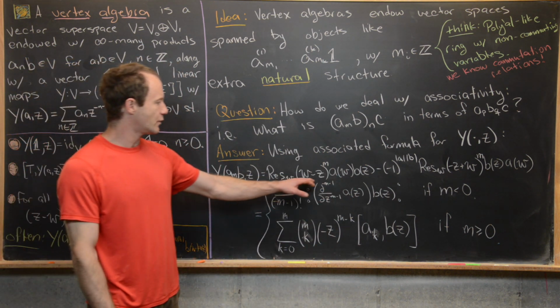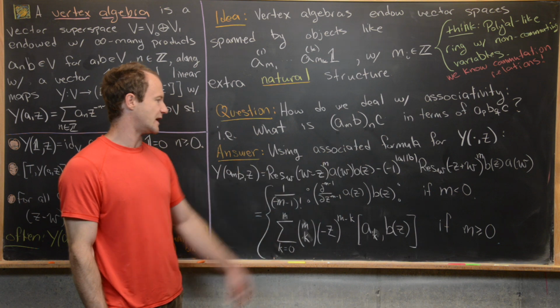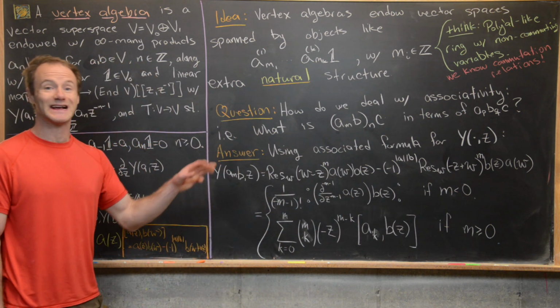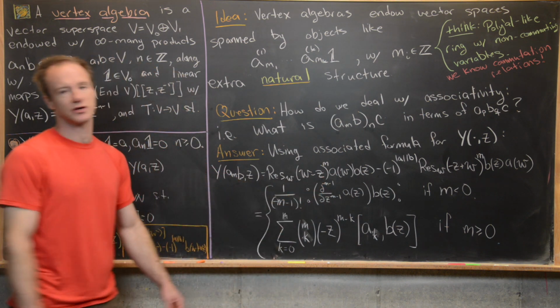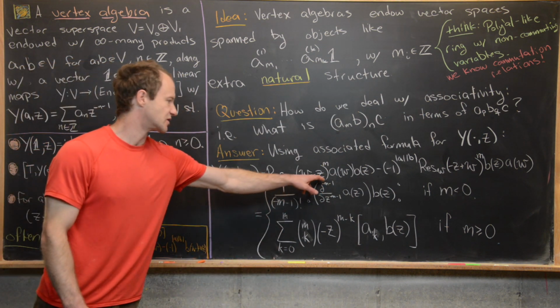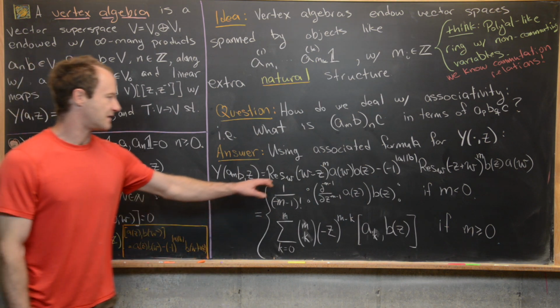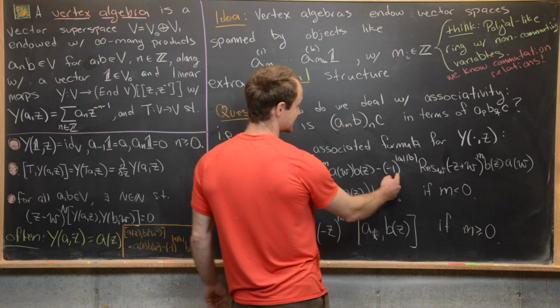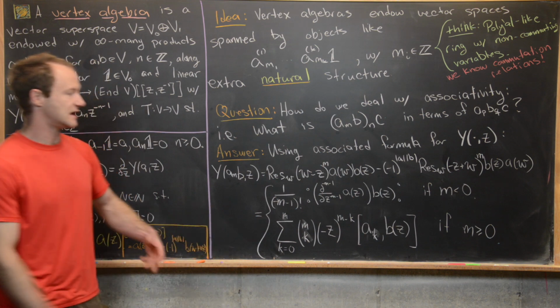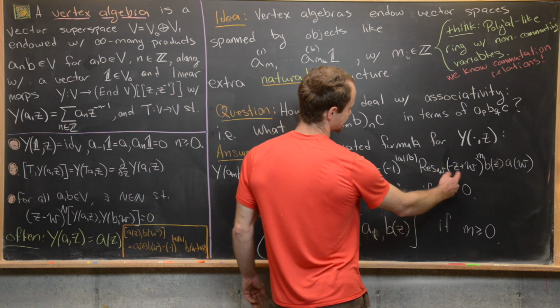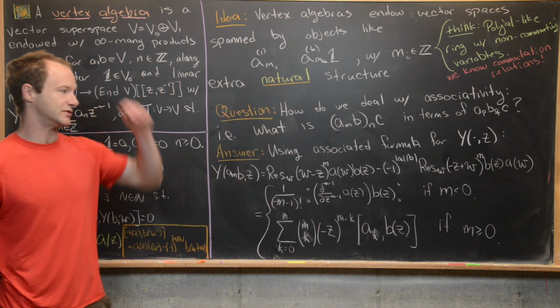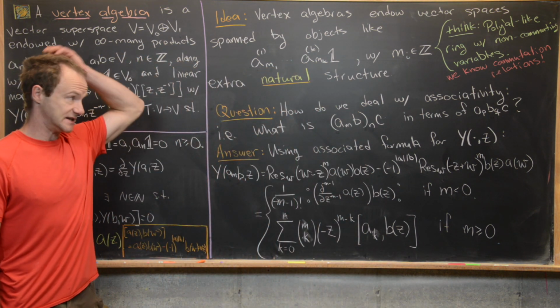And you might say, well, what do we do with this object right here when m is a negative number? Well, we're going to expand it in non-negative powers of the second entry, in other words, in terms of z. So we've got this residue and then minus (-1) to the parity of a times the parity of b, the residue with respect to w of (minus z plus w) to the m, b(z)a(w).